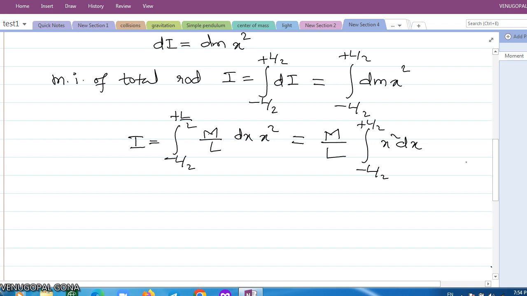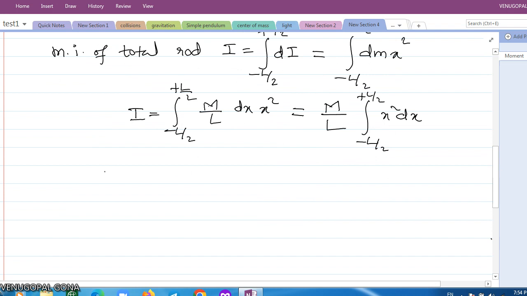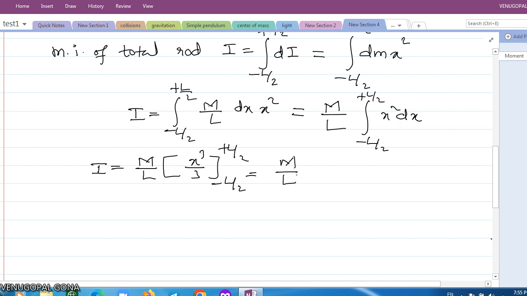Integration of x square is what here? x cube by 3. I am writing the same: I equal to M by L, and this is x cube by 3, and substitute the limits here, first the upper limit minus the lower limit. So M by L, I am writing the same.